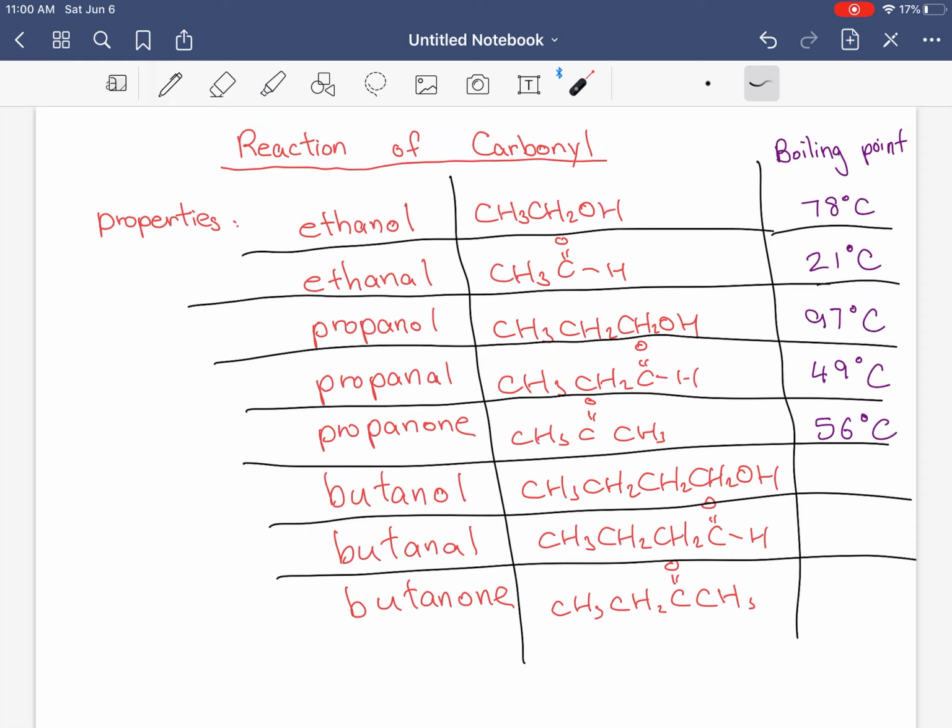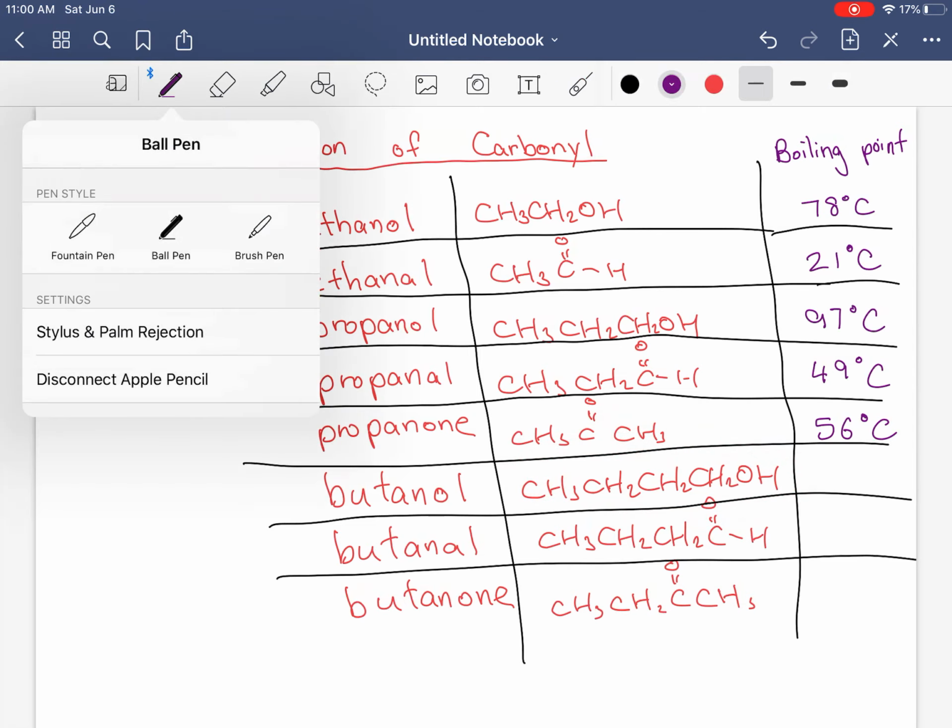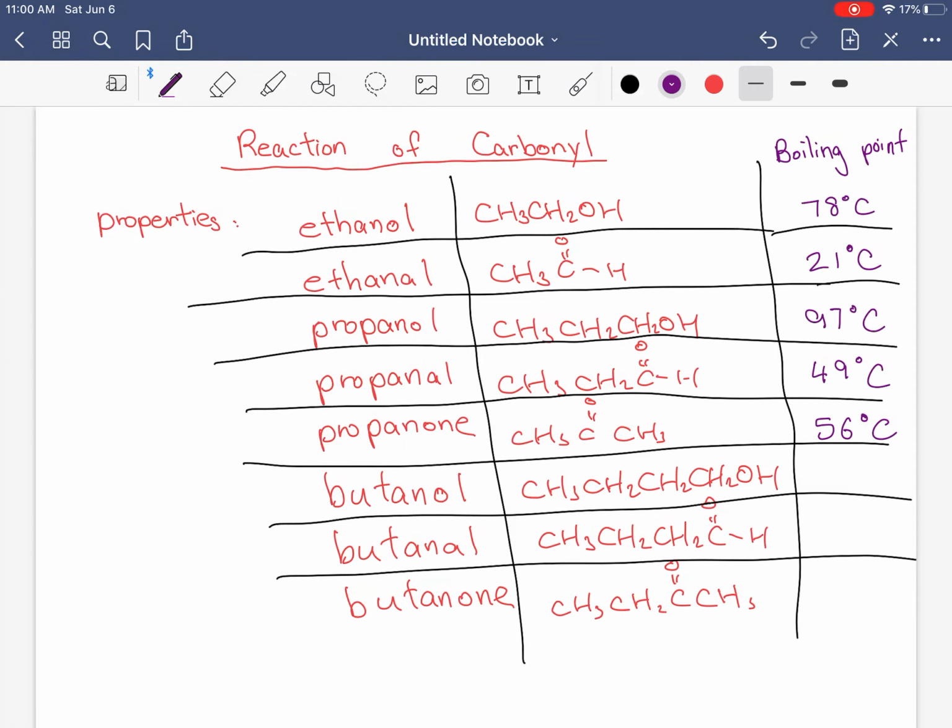All right, so hopefully you're able to predict what this is. You have butanol, which is longer than propanol, way longer than ethanol. So what would be the boiling point for butanol? Now, I'm not looking for a certain number, that would be ridiculous. I'm looking for bigger than who?